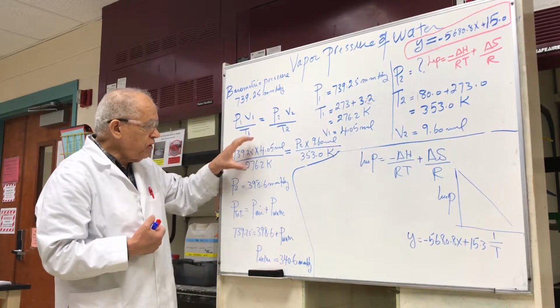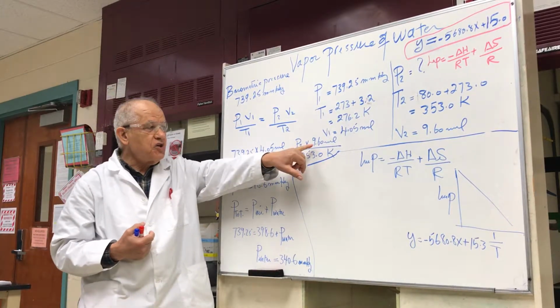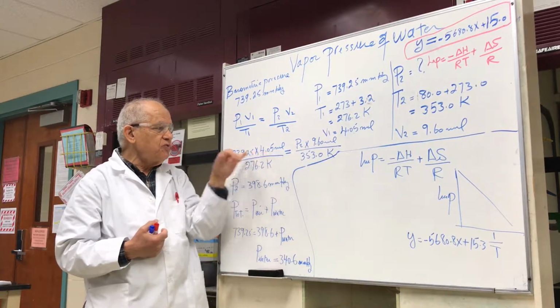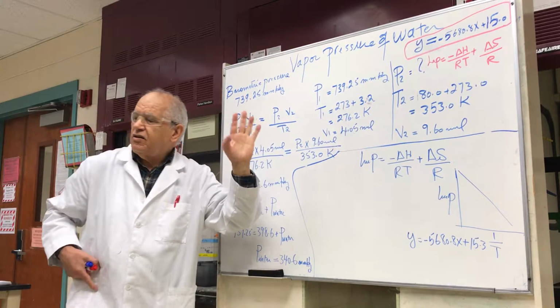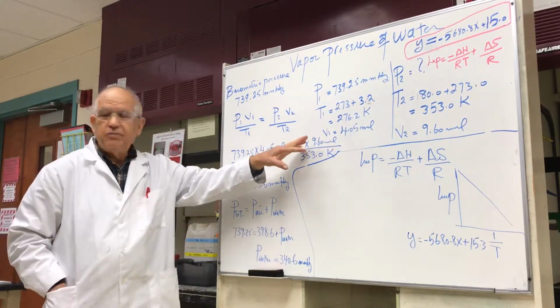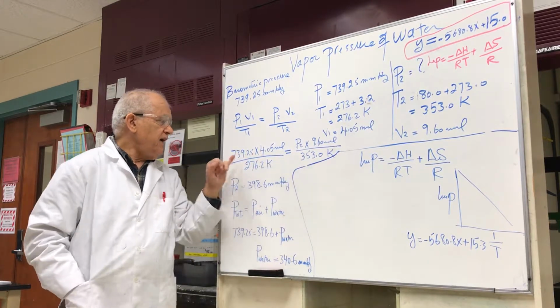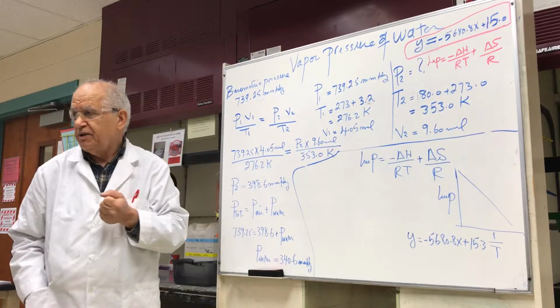So P1 V1 over T1 equal P2, which I don't know. Temperature here was 80, volume was 9.6. If you notice, I haven't changed any of those to liters or anything. I just kept them in milliliters because milliliters cancel here, Kelvin here, Kelvin here. At the end of the day, you will have your pressure in millimeters of mercury.